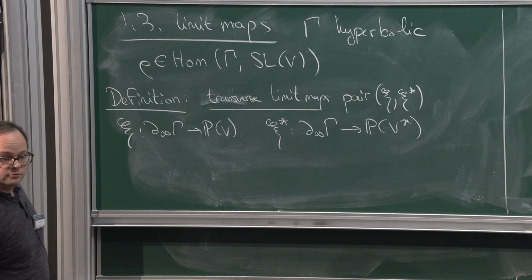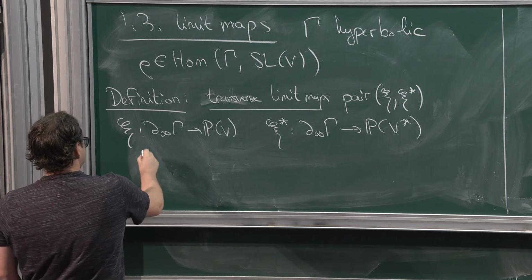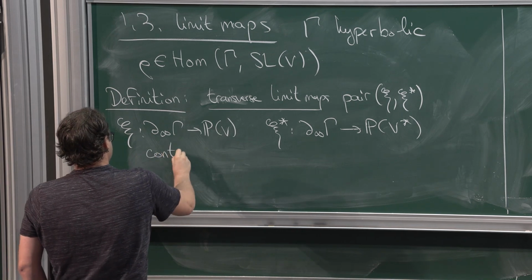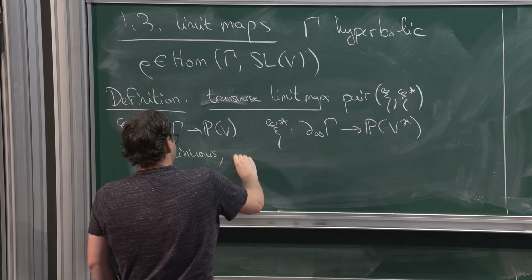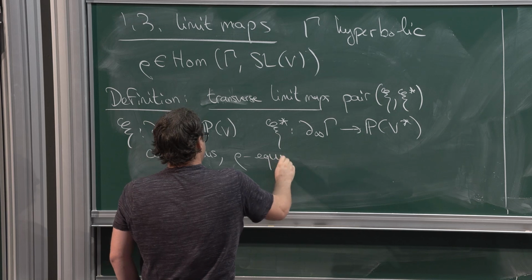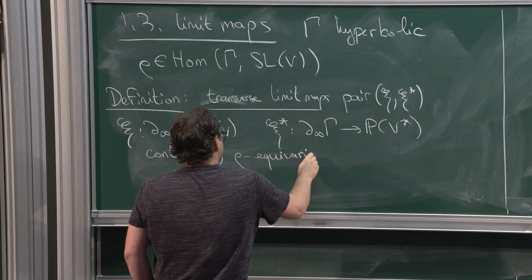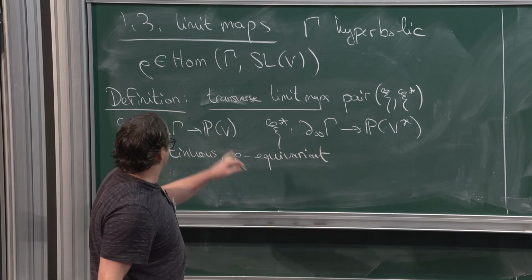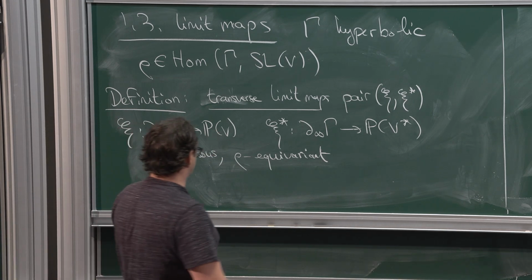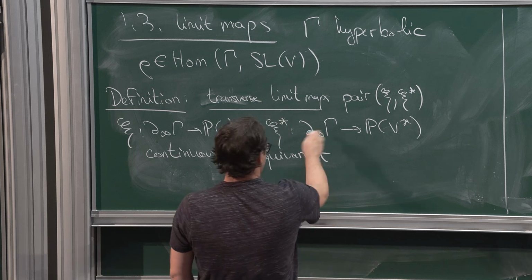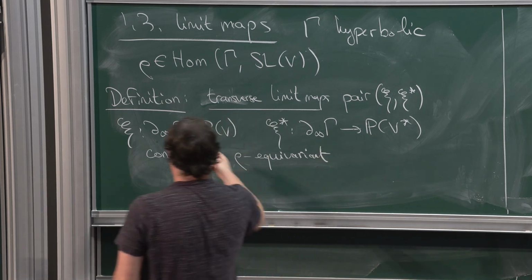That we will always assume to be continuous and equivariant. Meaning rho equivariant, right? So gamma acts on both the boundary and on the target spaces of these maps by rho, and the natural action on its boundary on the boundary of gamma.